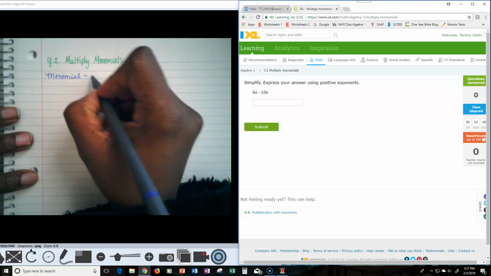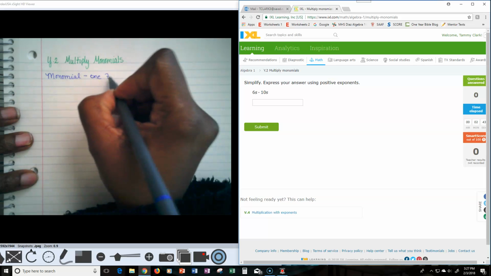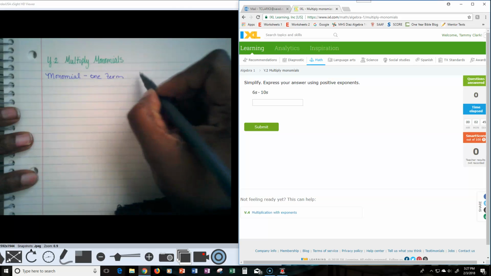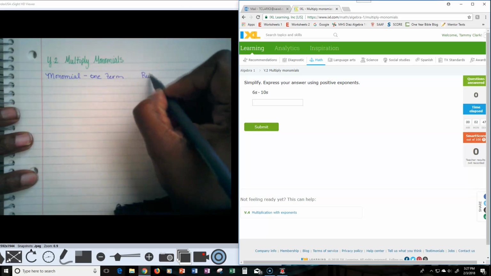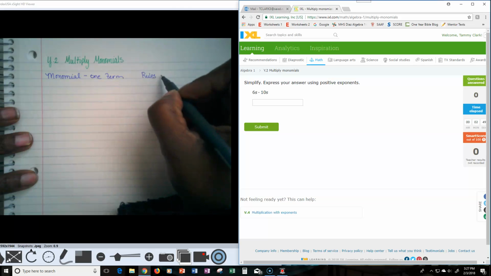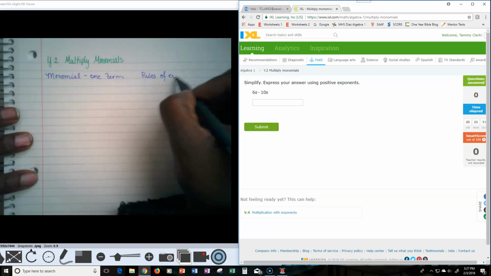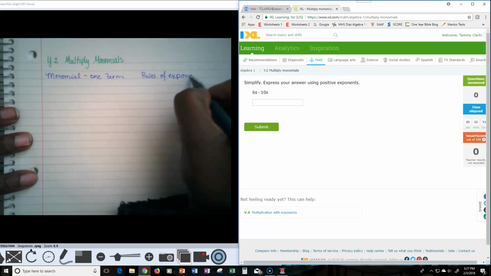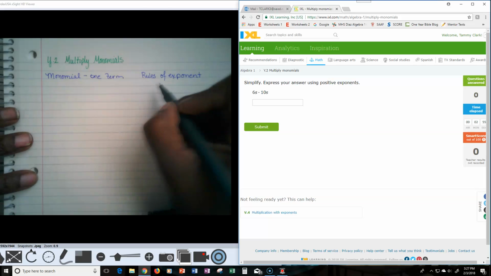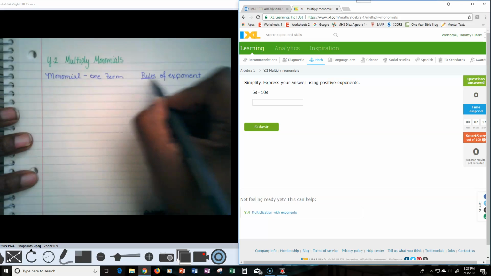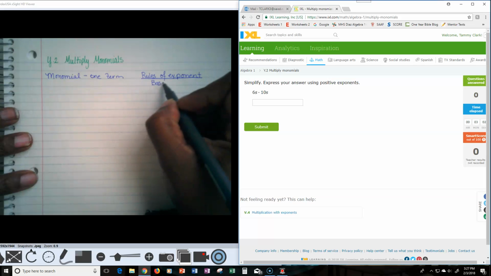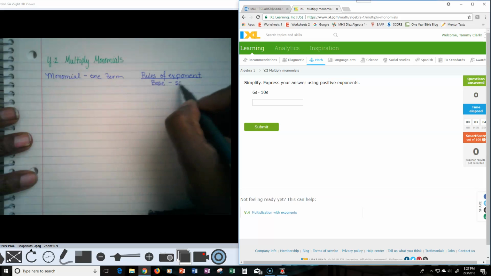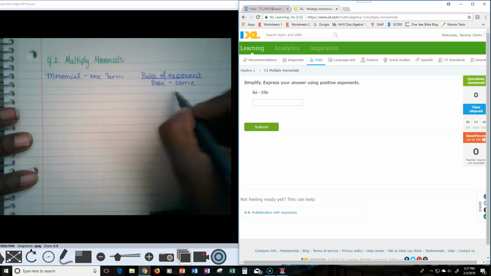So we're going to take one term and multiply it by the other, remembering our rules of exponents. If you remember from the wall and from us repeating it many times, when we have an exponent and a base that's the same, then we simply keep the base.